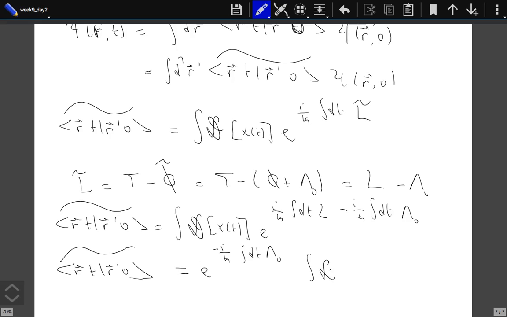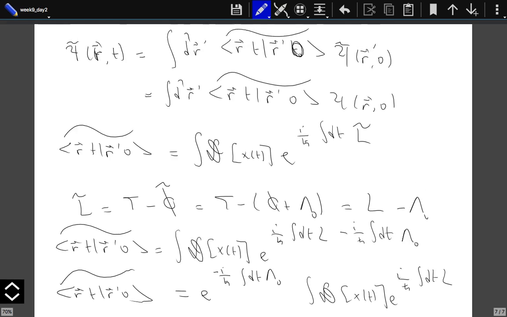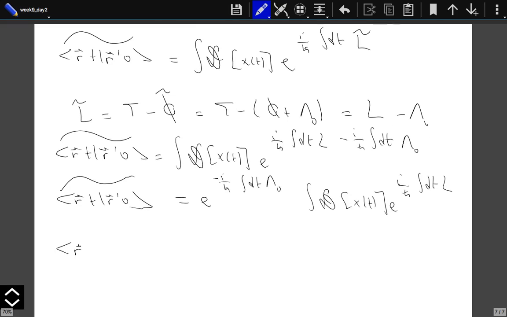What remains is nothing but my unshifted propagator.